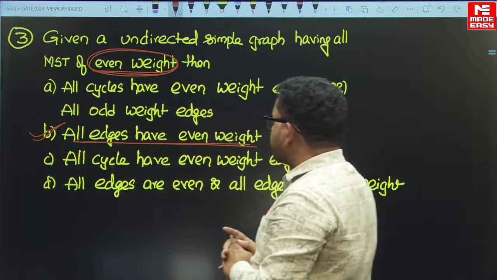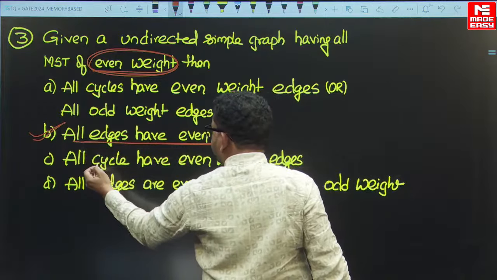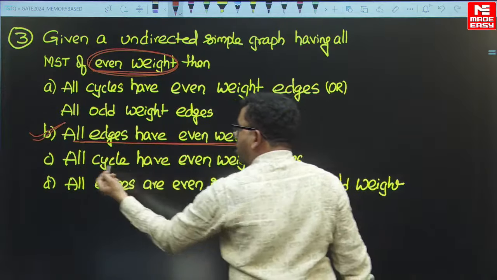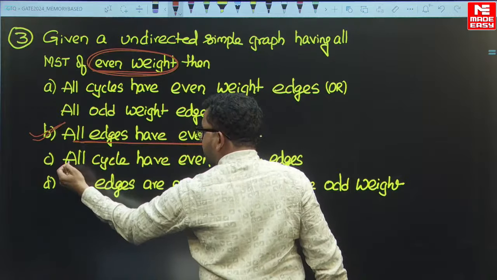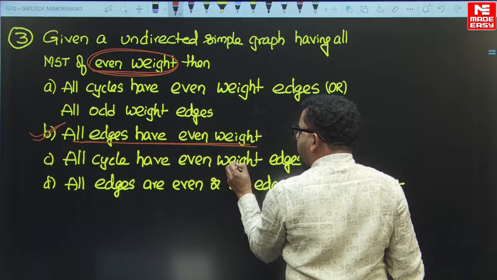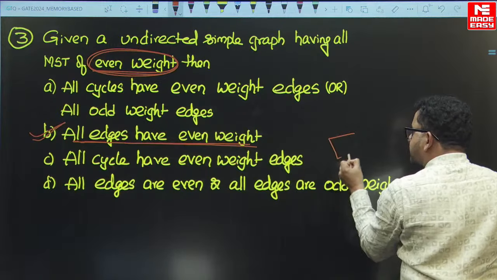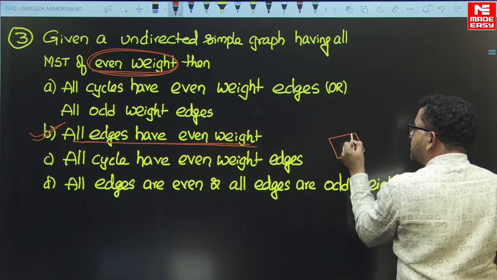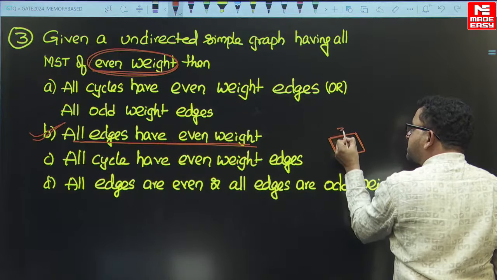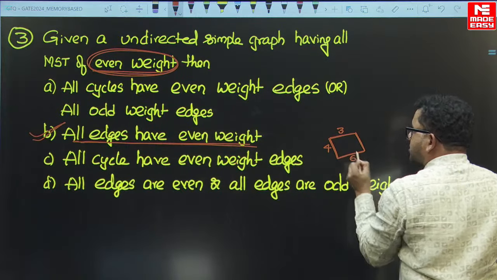So it's MSQ. All edges of even weights, and all cycles have even weights. Every cycle being even weight does not guarantee that the MST is even. For example, this cycle is even weight, but not all edges of the cycle are. Assume this is cost 3, this is cost 4, and this is cost 6.